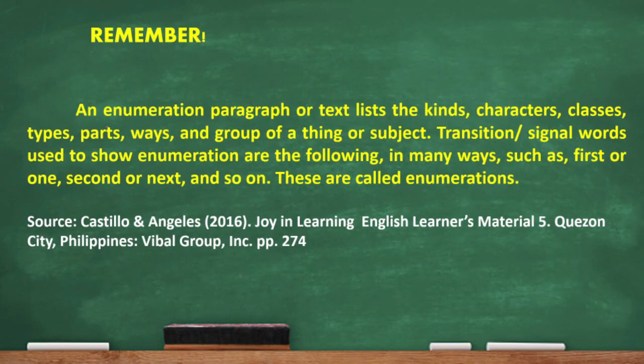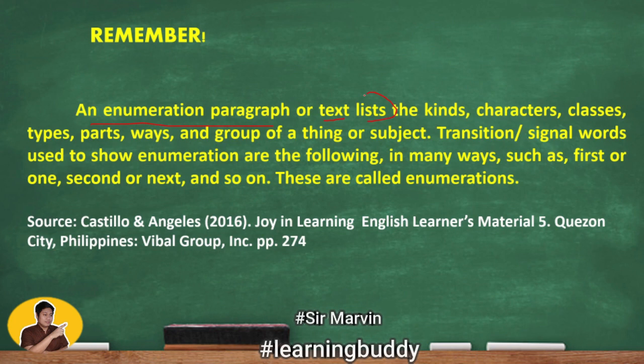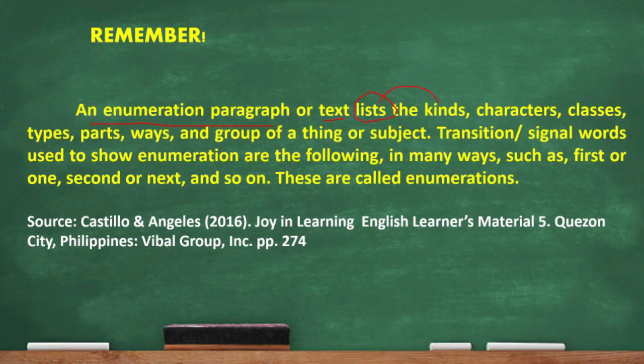Remember, an enumeration paragraph or text lists the kinds, the characters, the classes, the types, the parts, and the ways or group of a thing or subject. It means it will enumerate one by one. And we will use transition or signal words that I have already shown you earlier.